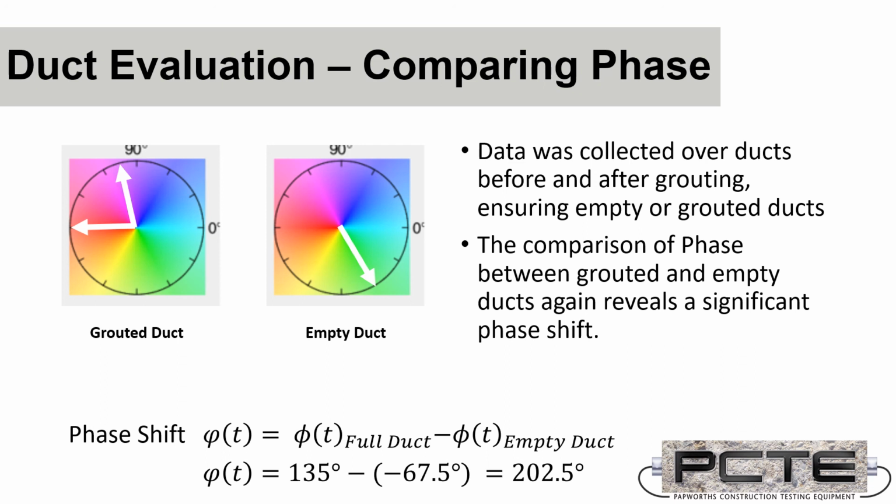Again, there's a quantifiable variation, grouted duct to empty duct, of around 200 degrees between the two phase shifts. This is the completion of the case study, just looking at the way that phase evaluation can differentiate between an air interface and a solid interface, particularly in the context of grouting ducts and precast panels.